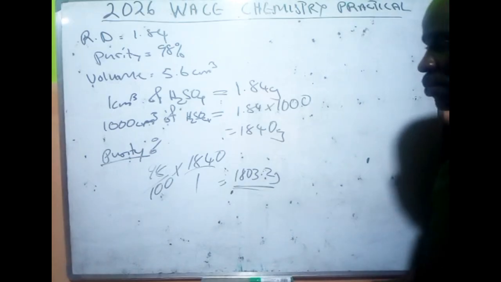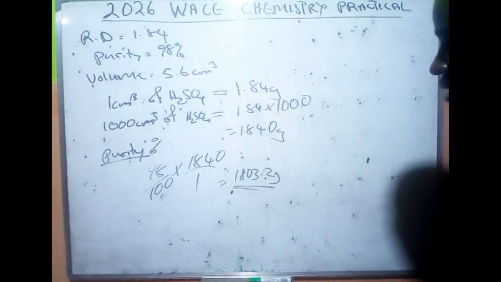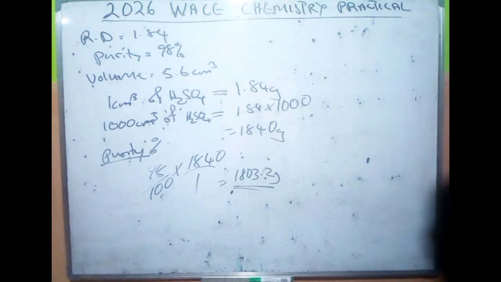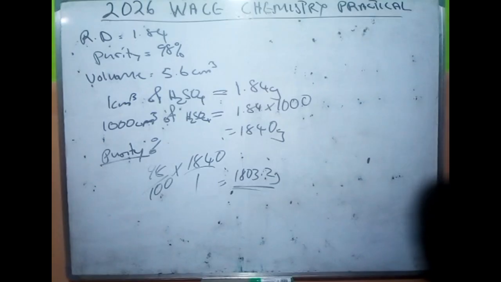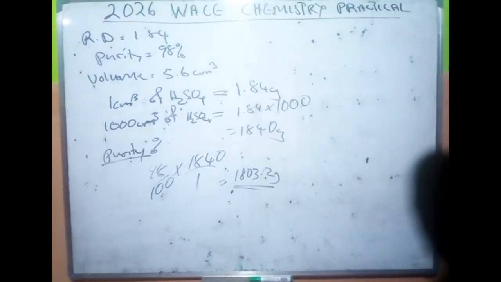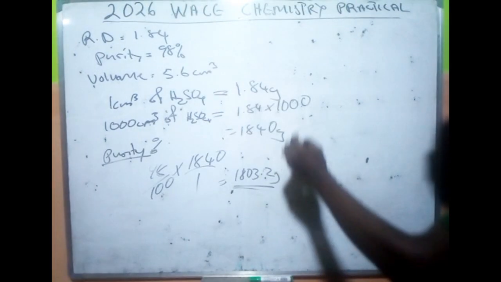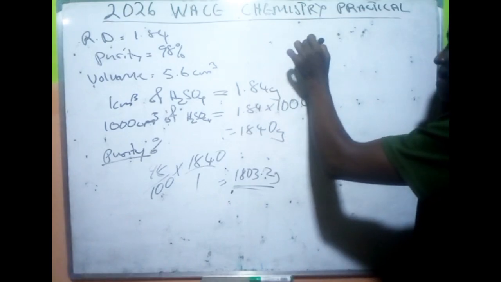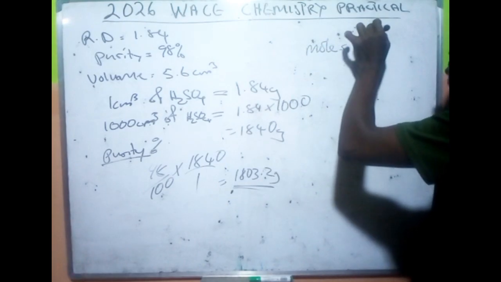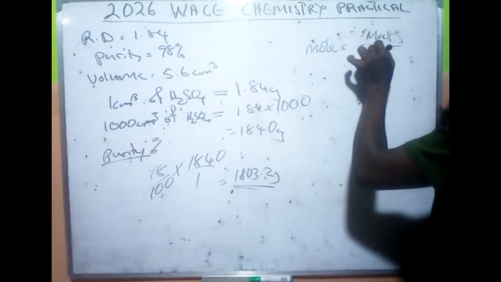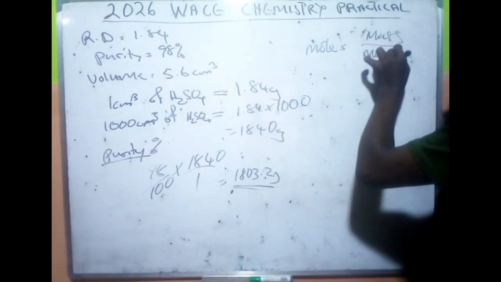Now the next thing we are going to find out is the molarity, the concentration in mole per dm cube of this very acid. Since we know that mole is mass over molar mass, let's go by that.